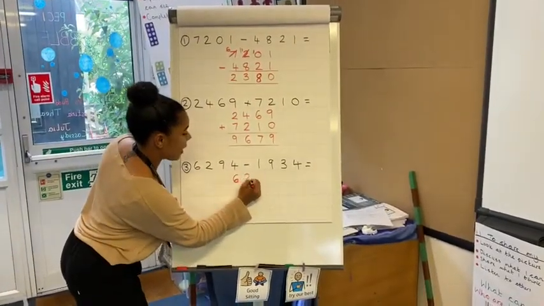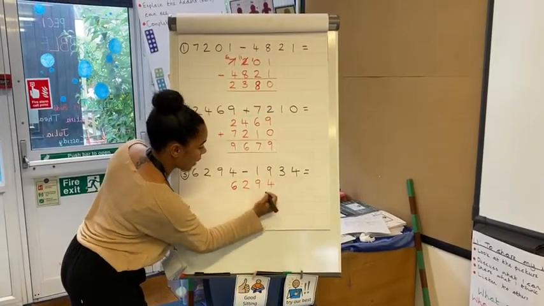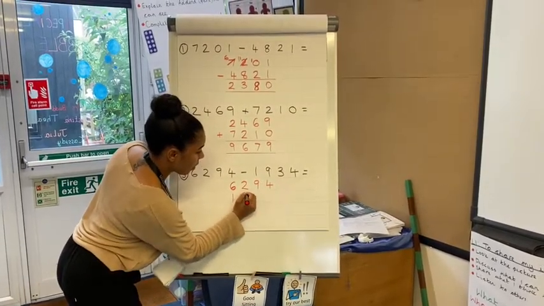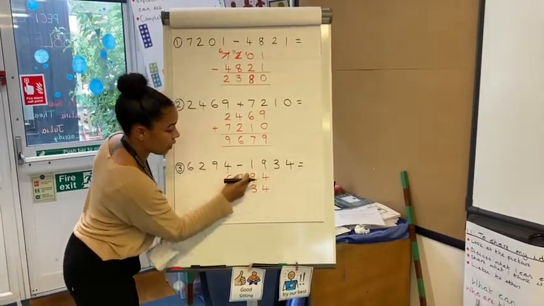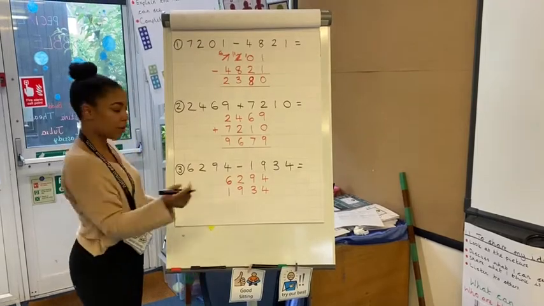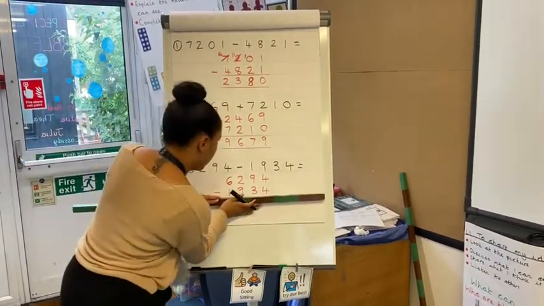Just going to set it out again, making sure I've got 1 digit per square. I'm lining up my 2 numbers, having a look and seeing that I've done it correctly using place value. Let's have a look.